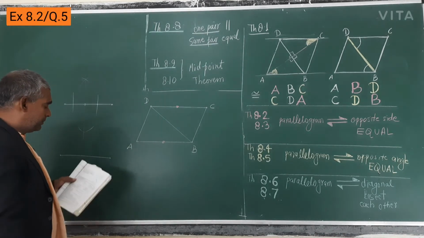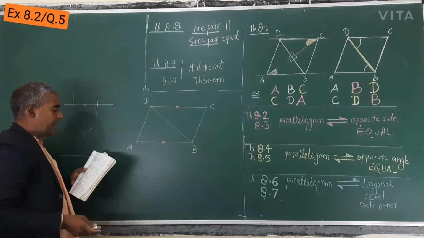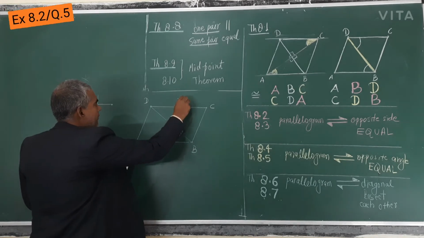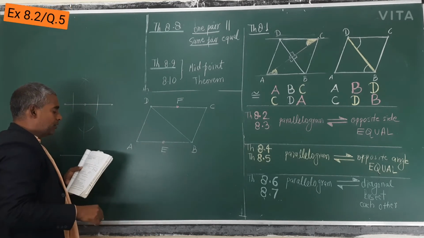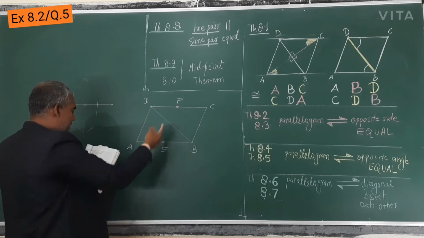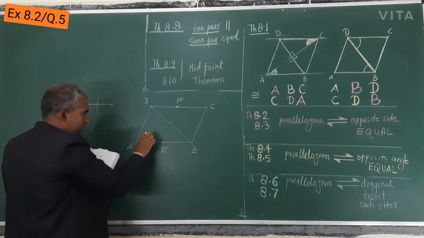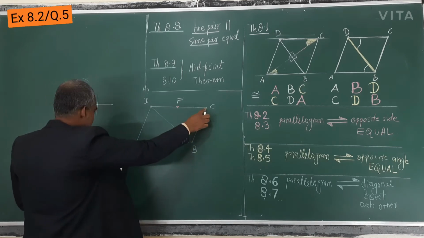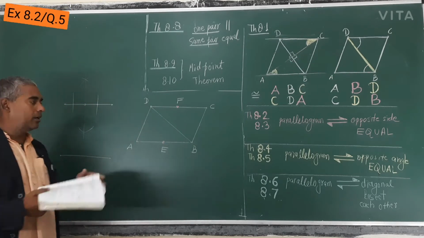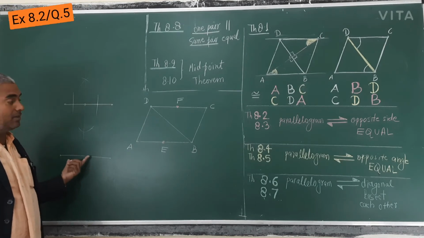In a parallelogram ABCD, E and F are midpoints of sides AB and CD respectively, so that the line segments AF and EC trisect this line segment. So with the help of this background, it's very amazing to check it.